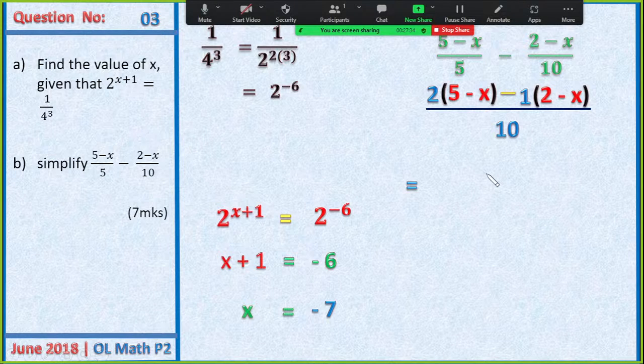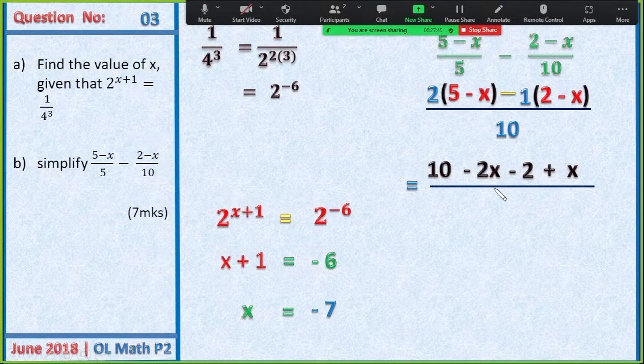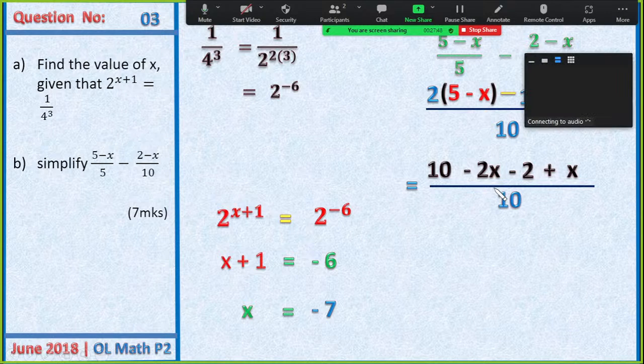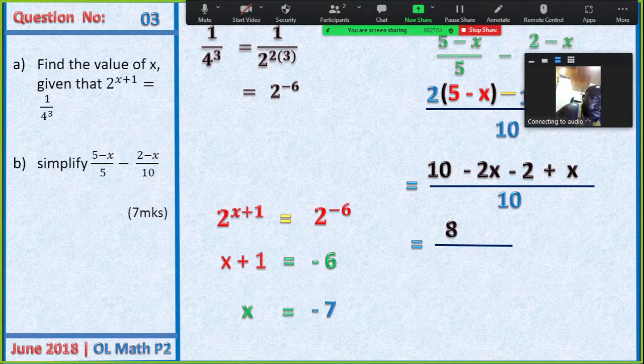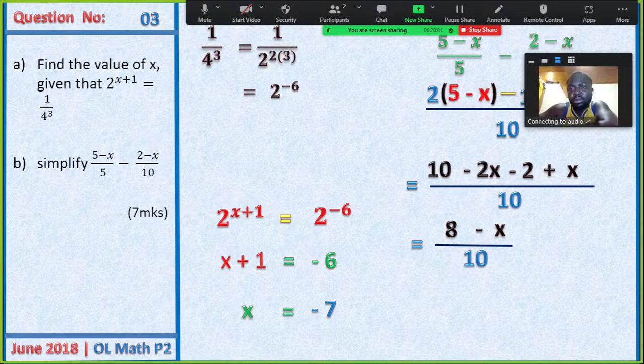So this will give us 10 minus 2x minus 2 plus x, all that on 10, which should be equal to 8 minus x on 10. So this is the solution to this question.